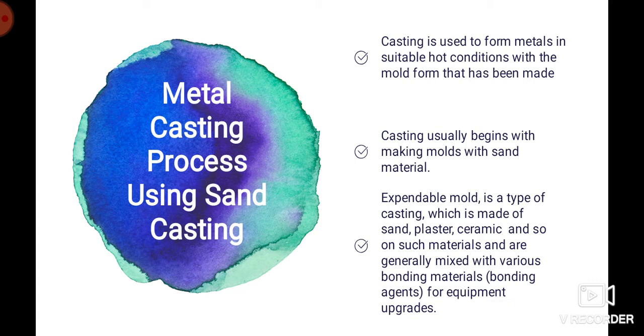Expandable mold is a type of casting mold made of sand, plaster, ceramic, and so on. Such materials are generally mixed with various bonding agents for equipment upgrades. A typical sand mold consists of 19% sand, 7% clay, and 3% water.